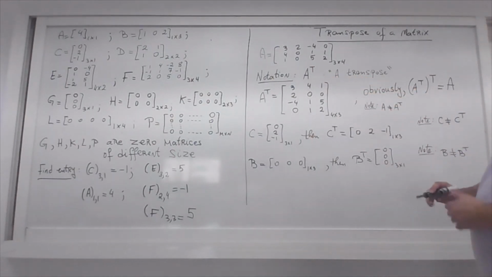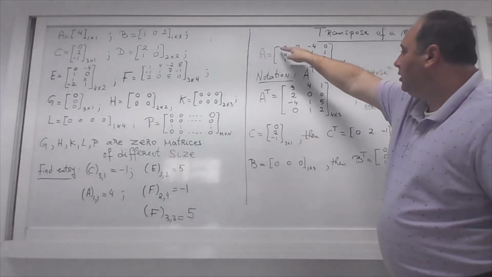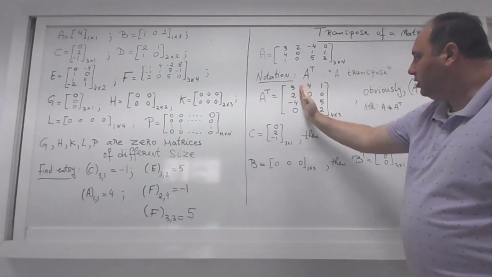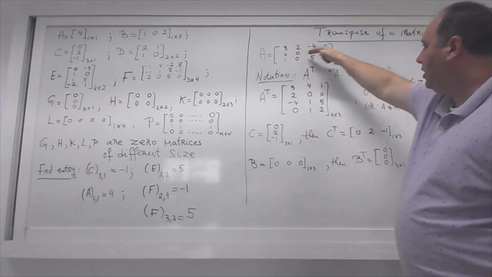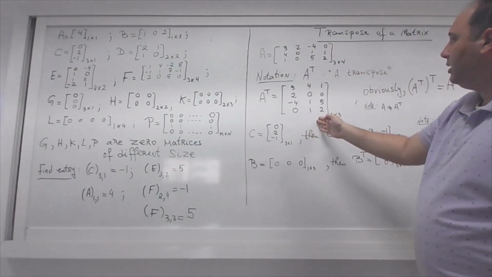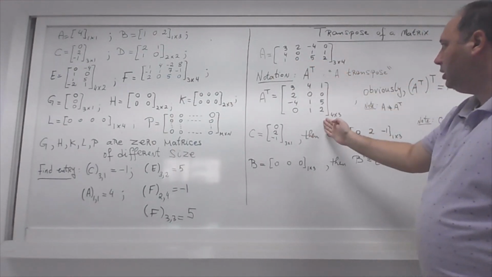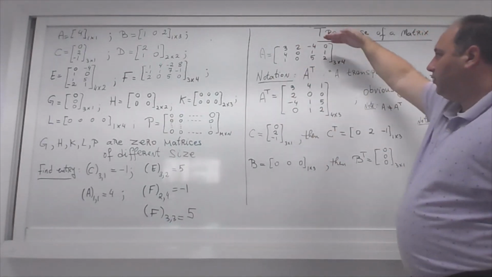Well, the transpose is simply another matrix where the first row of A is set to be the first column of the new matrix. The second row of A will be the second column of the new matrix. The third row of A will be the third column of the new matrix. So the transpose is just flipping the rows and columns.